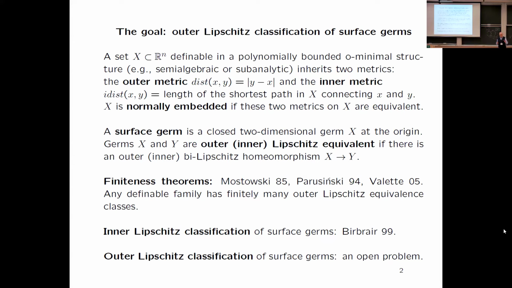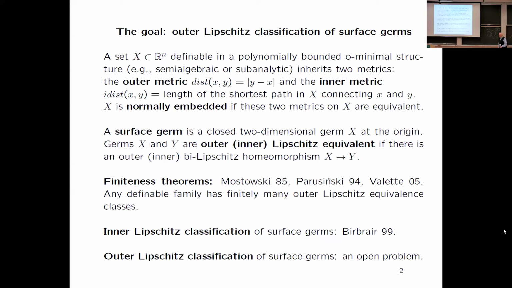There are theorems about absence of moduli in Lipschitz classification, but first of all, there are several kinds of Lipschitz classification. So let me start with the definition of what we have here.